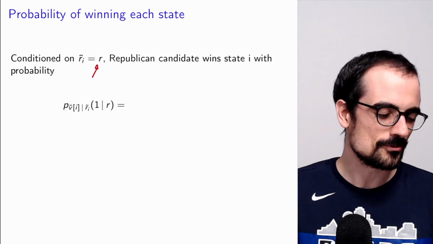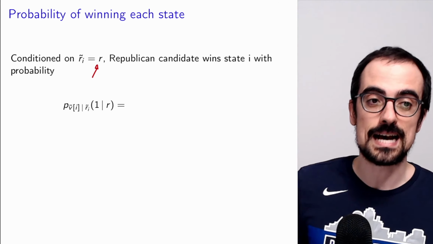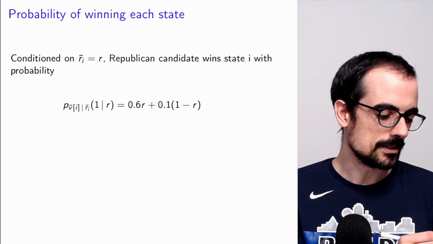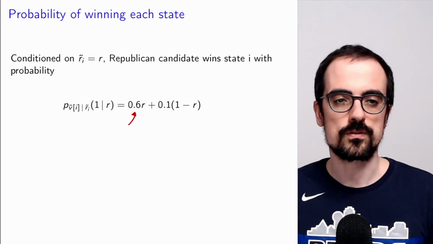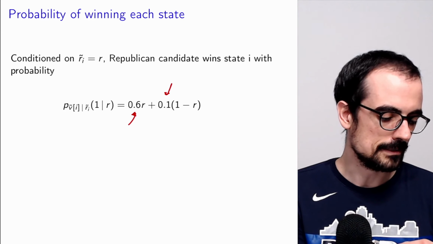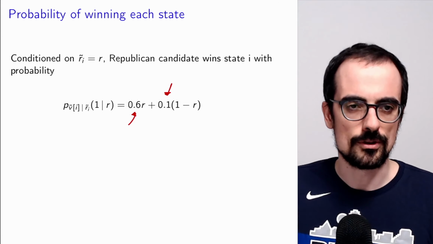So conditioned on a certain turnout, what is the probability that the Republican candidate wins state i? Well, remember that 60% of the rural voters vote for the Republican and 10% of the urban voters vote for the Republican.